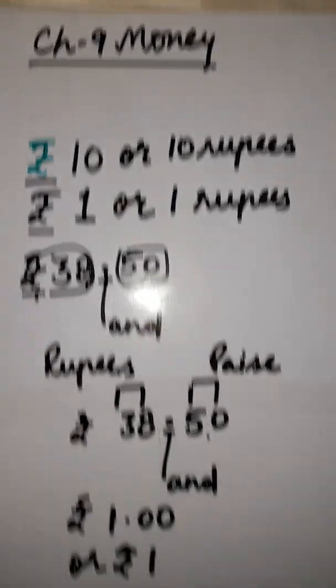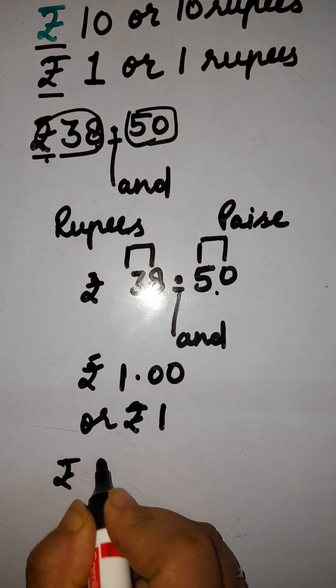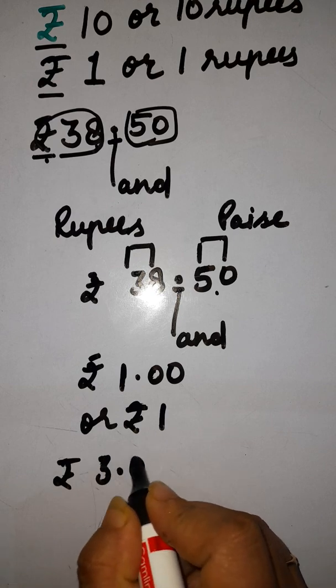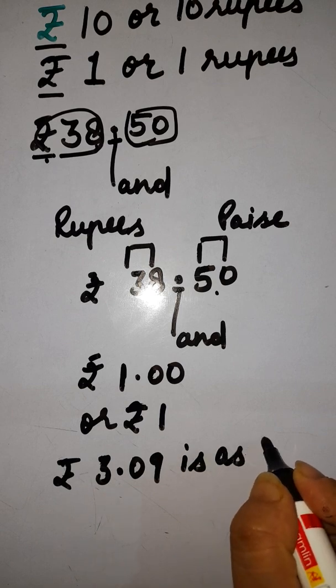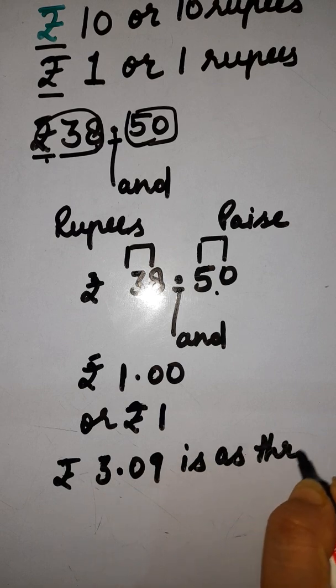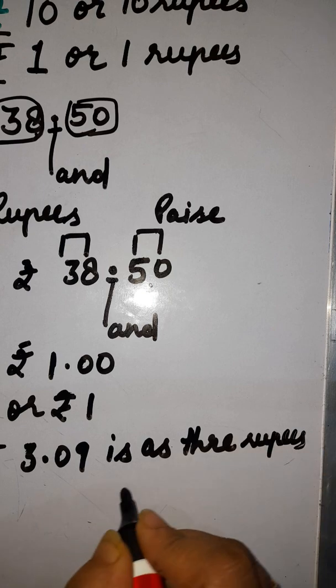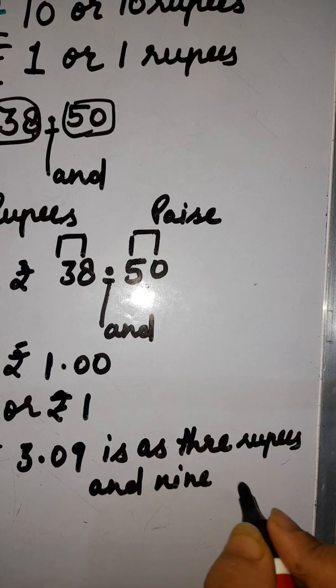And if we have the amount rupees 3.09, it is written as 3 rupees and 9 paise.